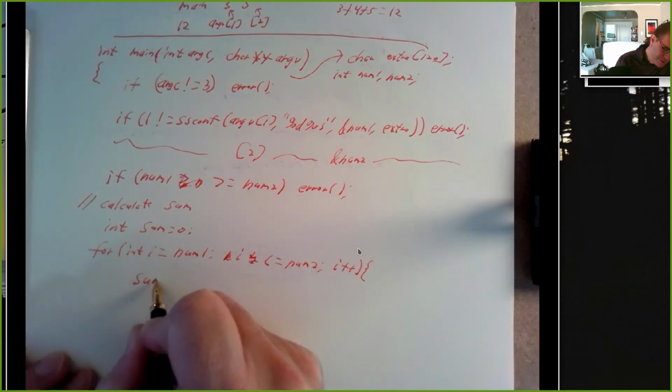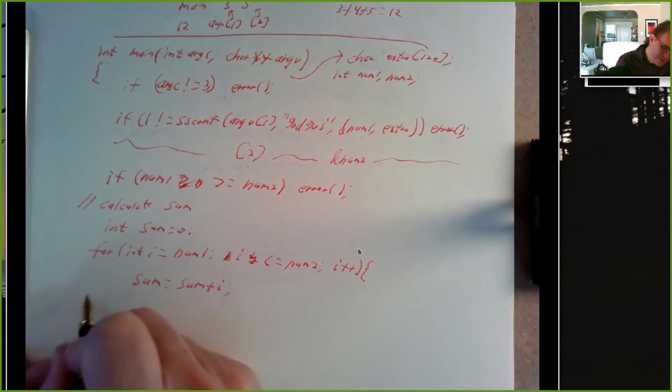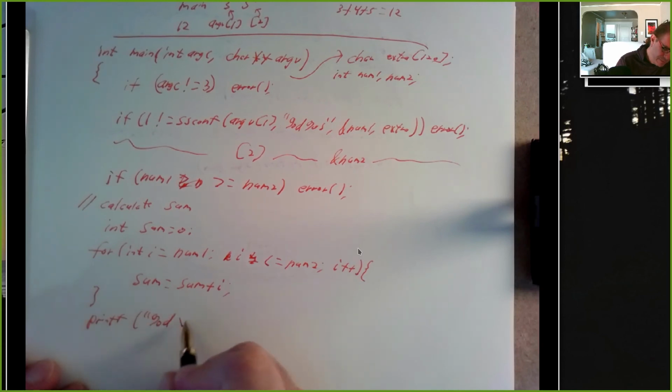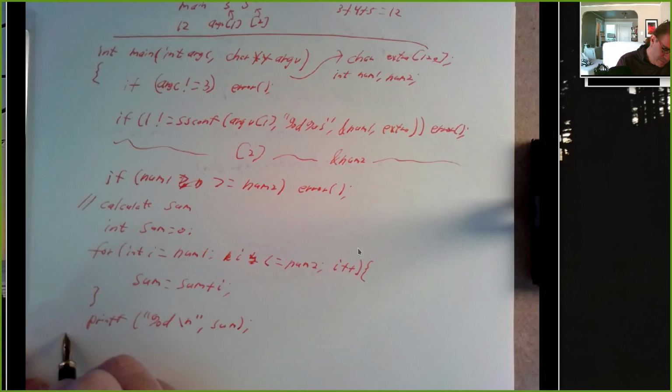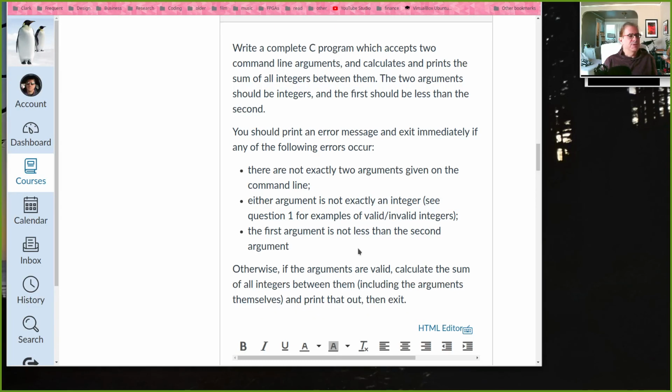And we're just going to do sum. I'll write it out explicitly: sum equals sum plus i. And then print out your sum, and we're done. I think we're printing at the end. Yep.